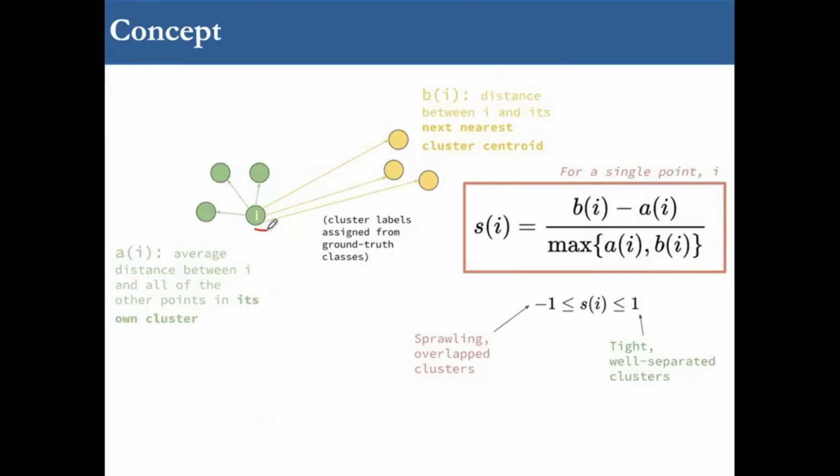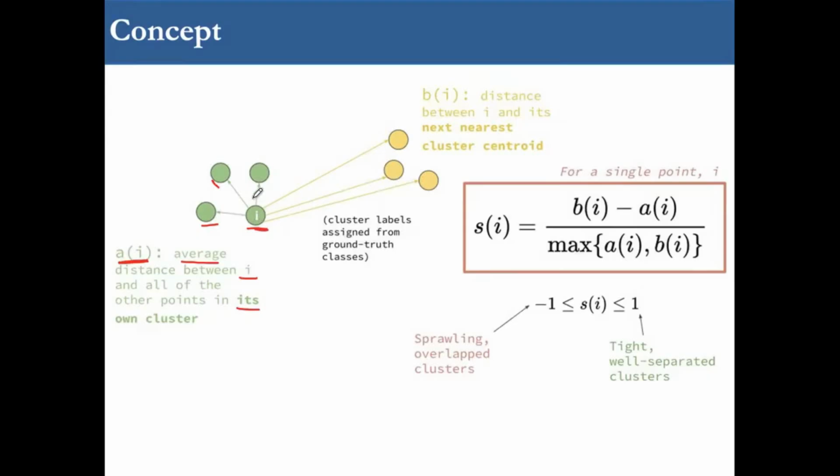Consider a data point i. We need to calculate a(i). So what is a(i)? i is a data point and we are going to calculate a(i). a(i) is nothing but the average distance between i and all of the other data points in its own cluster. So we need to find the distance between i and this data point, and we will be calculating the distance between i and the second data point.